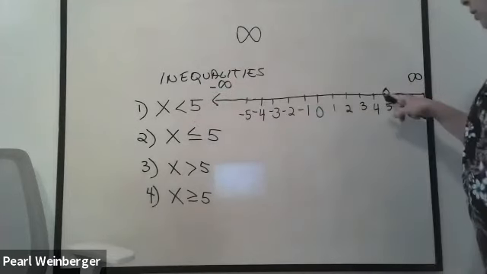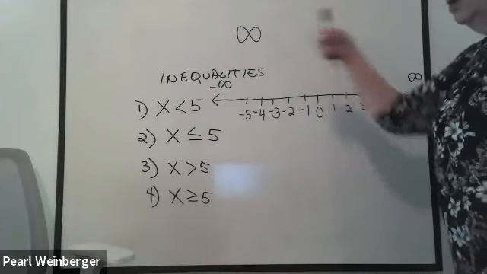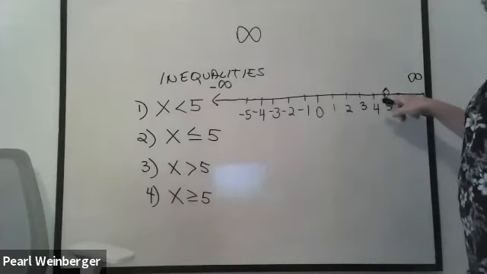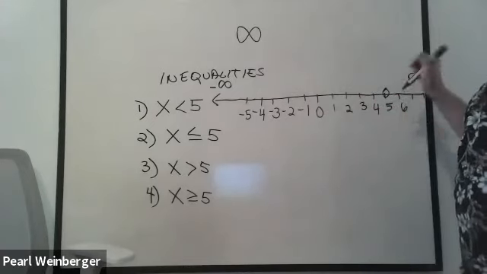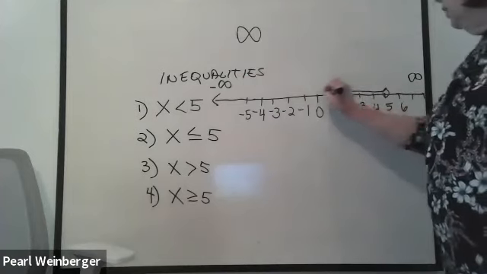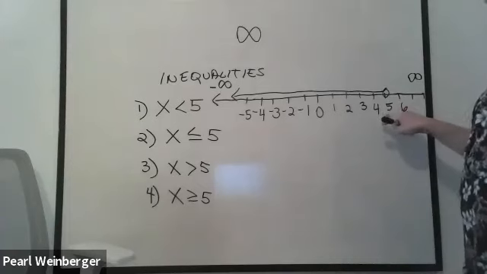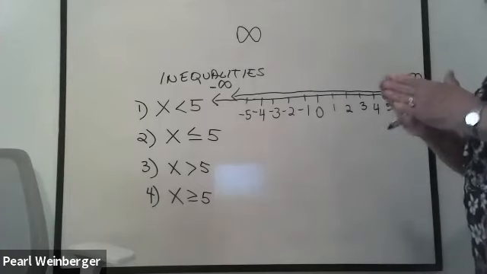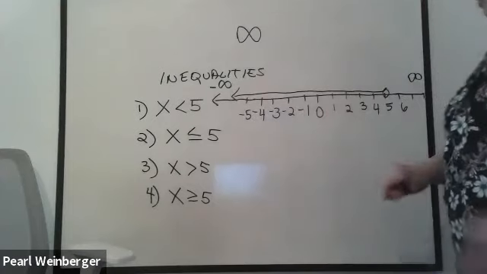So 5 is not included. But 4.99 would be included because that would be less than 5. So any number to the left of 5 would be less than 5. And we would show that by making an open circle at 5 to show that the 5 is not included, and an arrow going to the left.